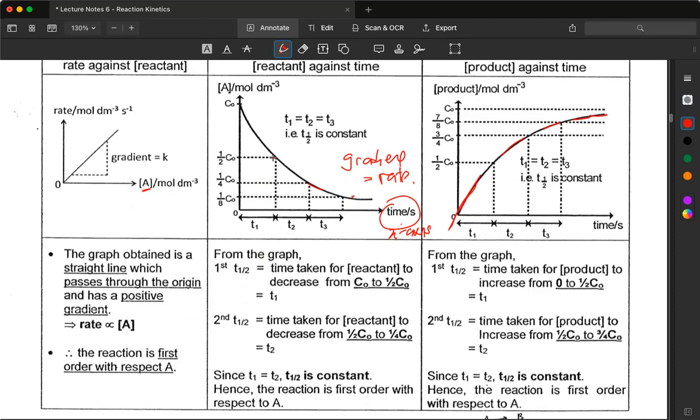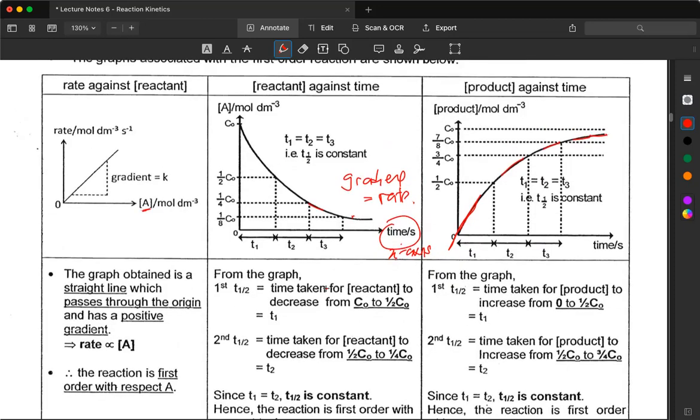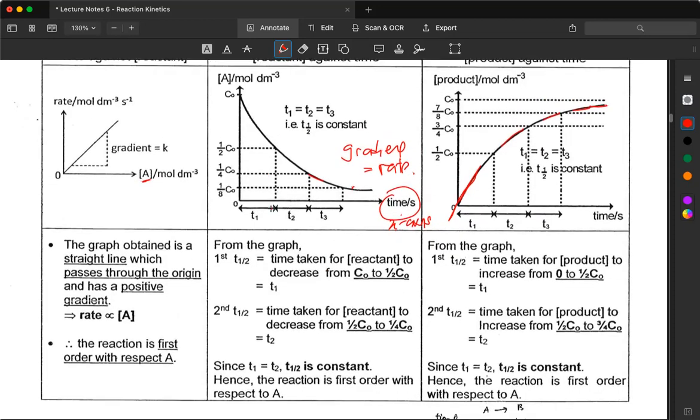As the reaction progresses, half of this, which is 1/4, will decrease because it reacted to form the products. Another half gone, another half gone. For first order reaction, T1, T2, T3 should be equal.